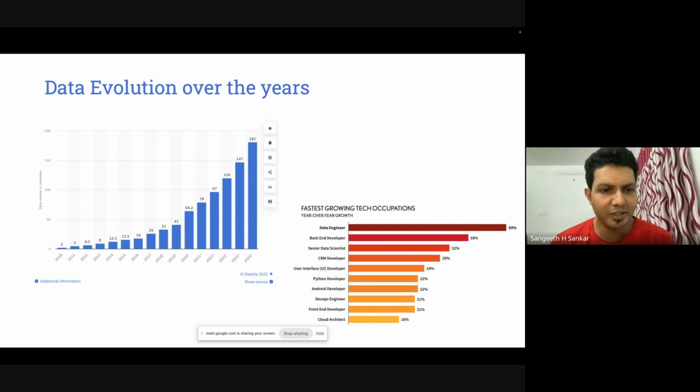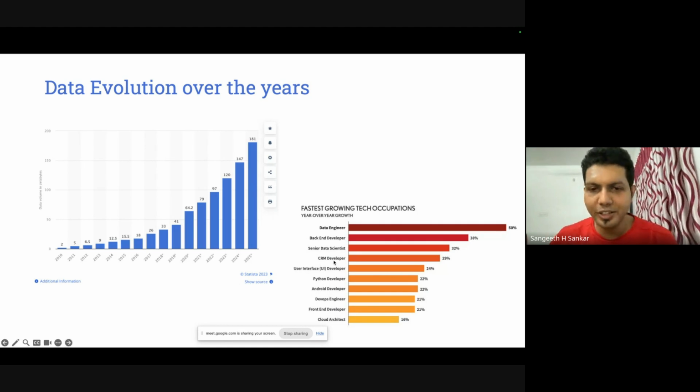A zettabyte is 10 raised to 21 bytes. Now in 2024, we are at 147 zettabytes, which is massive. With this growing data, we need to build systems that can really handle this massive data. That's where data engineers come into play.